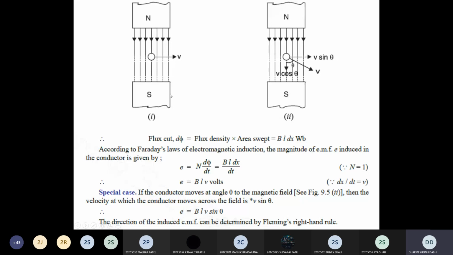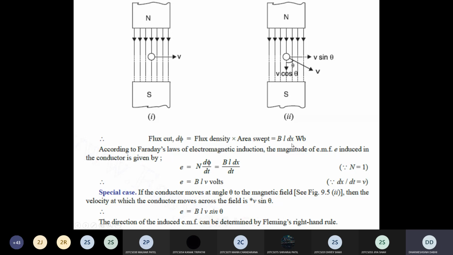Suppose the flux density is B. So it is B into the area swept by this conductor. The area is the length of the conductor multiplied by the distance the conductor moves, which is a small distance dx. So the flux cut by this conductor is BL dx, Weber.